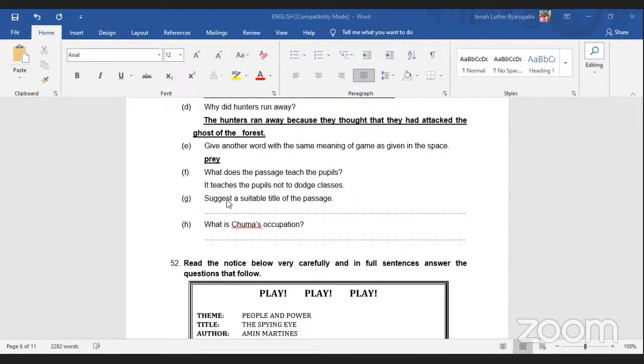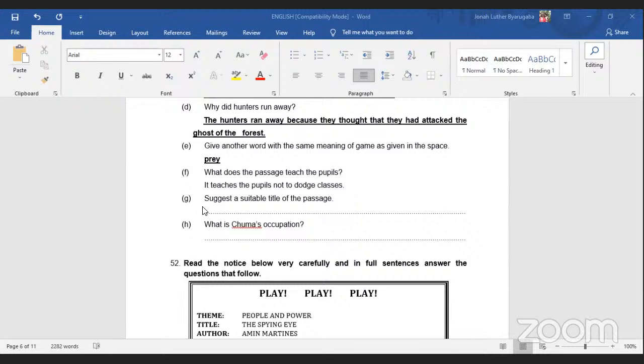Shiva, do you think we should phrase it like that? No, I also don't agree. Shivan, what do you think is lacking? I think it's supposed to begin with the passage teaches the pupils not to dodge classes. Thank you so much, Shivan. Because I was going to ask Esther and Lynette, what is this "it"? It is a pronoun. It replaces a noun and is used when you have already used the noun and want to avoid repetition.